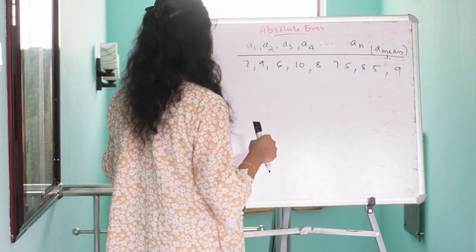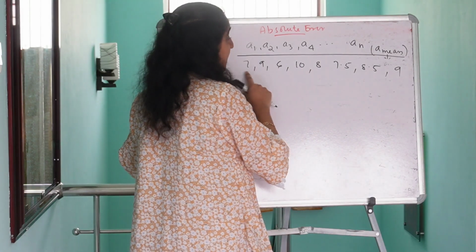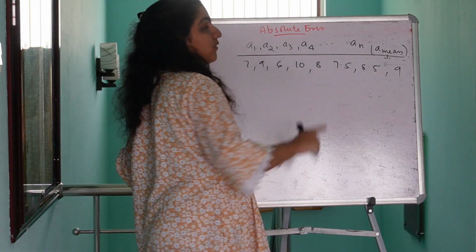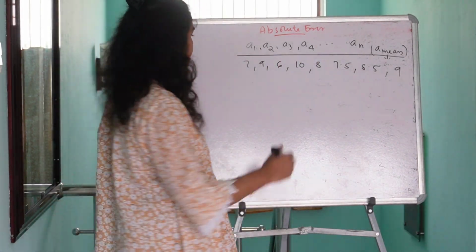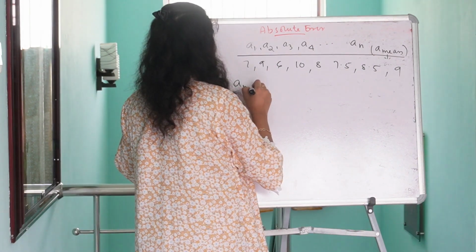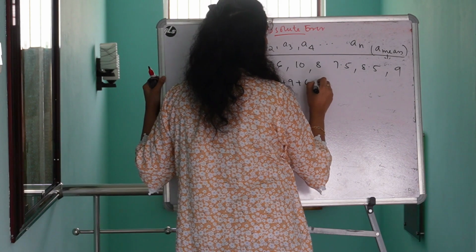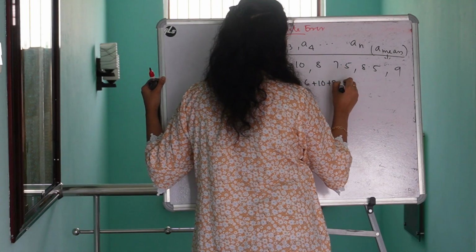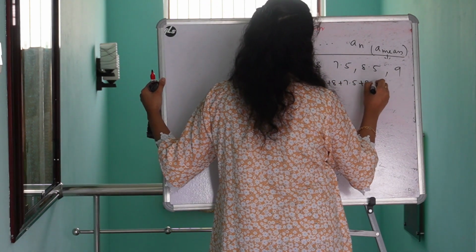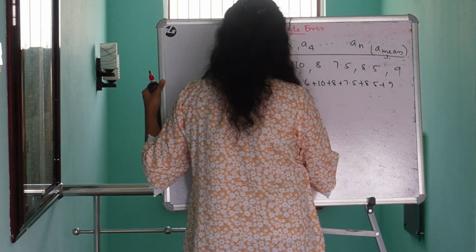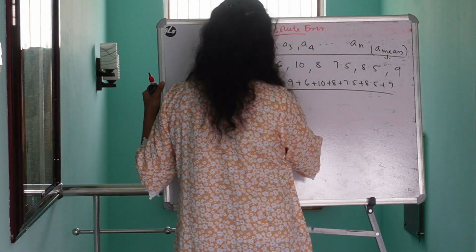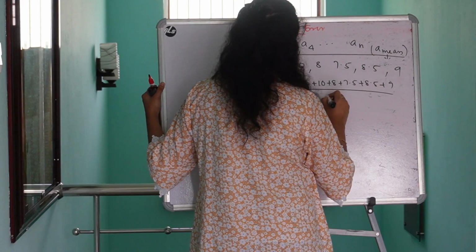How do we find the actual value? Simply we have to find the mean or average of all these measured values, isn't it? Yes. So A mean is equal to the sum of all these values divided by the number of measured values, 8.